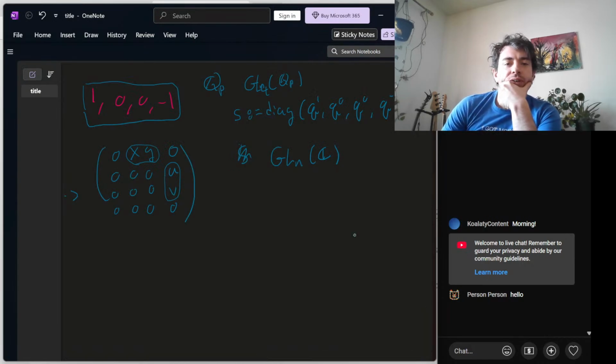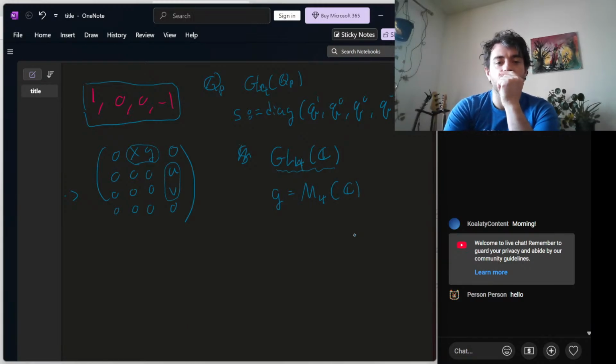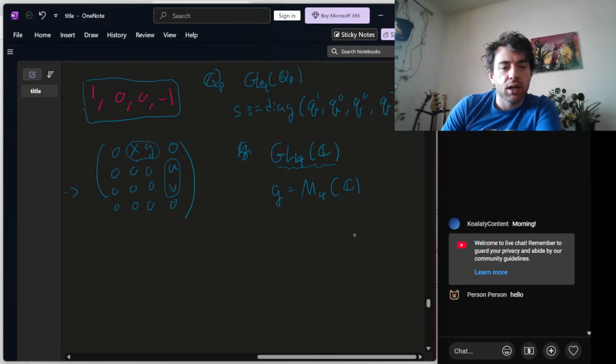So S we're going to think of as an element, but instead we're looking at GLN over the complex matrices. Then we take the Lie algebra, which is just all 4x4 matrices. And then conjugation by S, so we call that ad S sometimes.